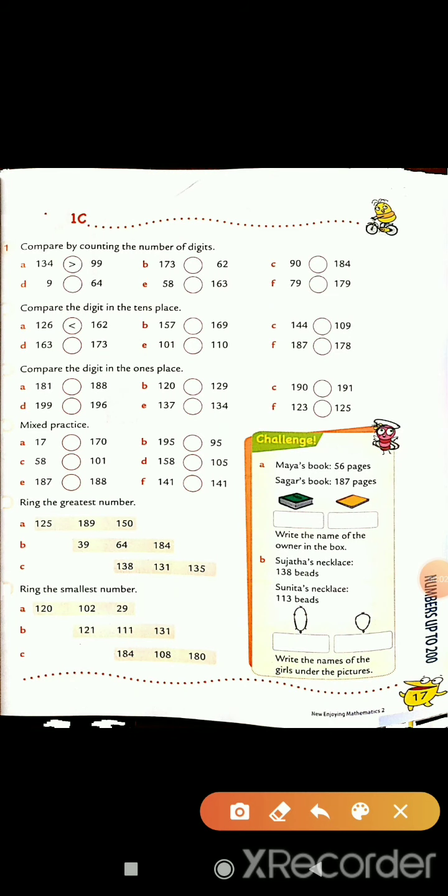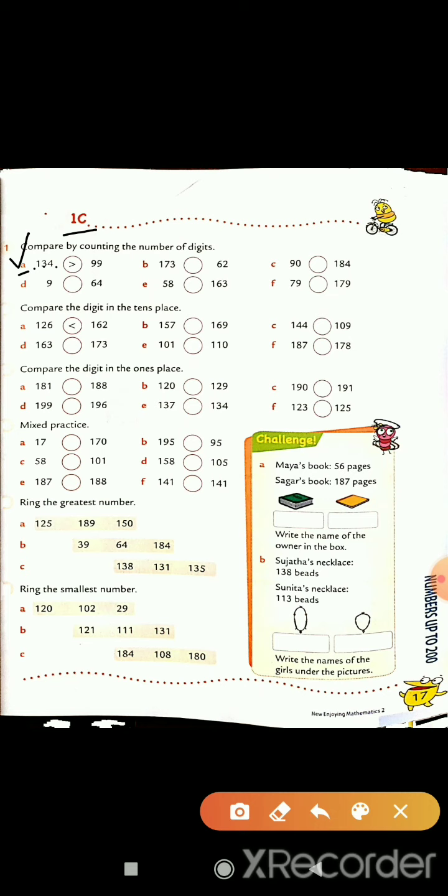Okay, students, now let us start with exercise 1C. Compare by counting the number of digits. In this, you have to compare the numbers by counting the number of digits. A1, 134, 99. Just count how many digits both the numbers have. 134 is having 1, 2, 3 digits.